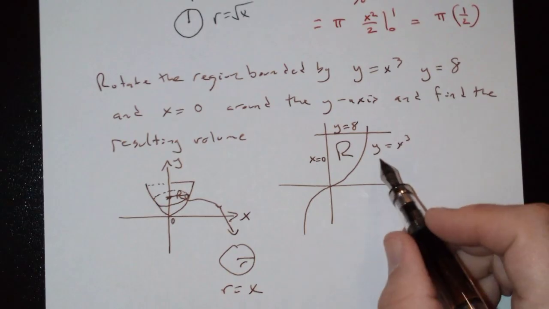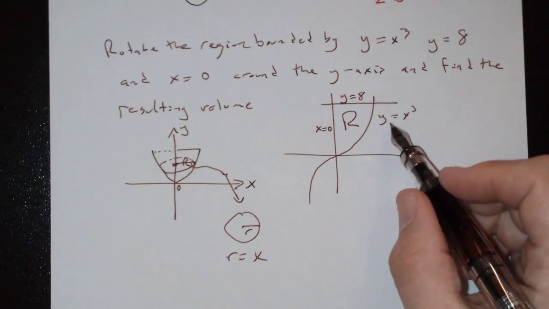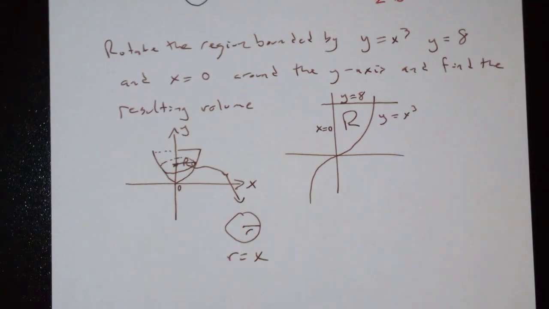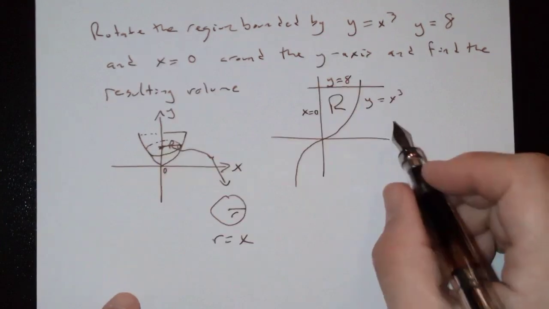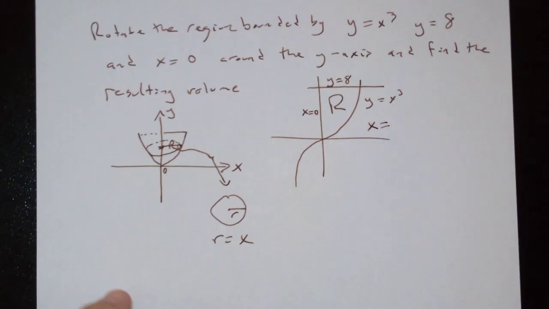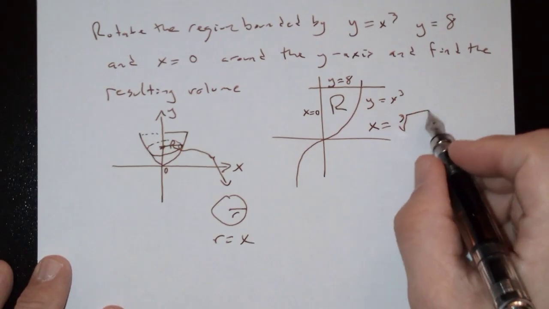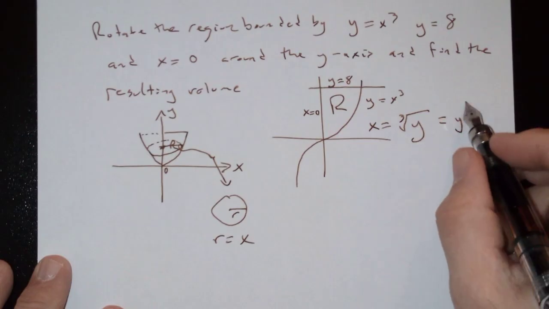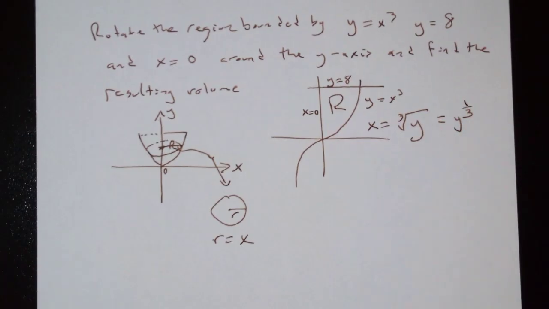Okay, wait a minute. This is the equation here. It's right minus left, not top minus bottom. We did this at the end of class yesterday. I need to take this equation and rewrite it to be x equals. And when I do that, what do I get? Or y to the 1/3 power.